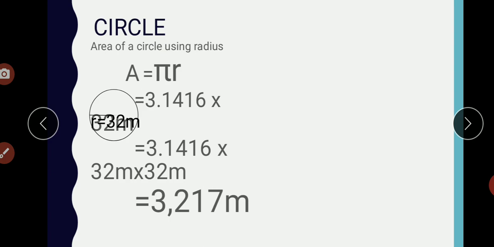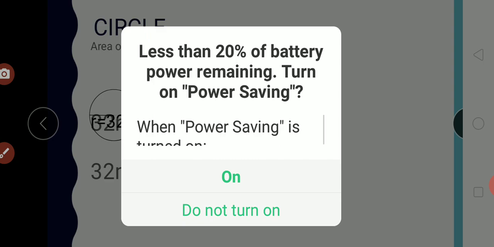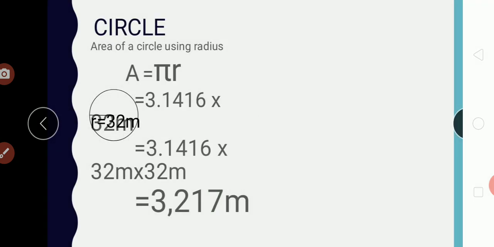It is constant. They say that in this world, everything changes and only the word change doesn't change. But according to our lesson, the value of pi doesn't change either.